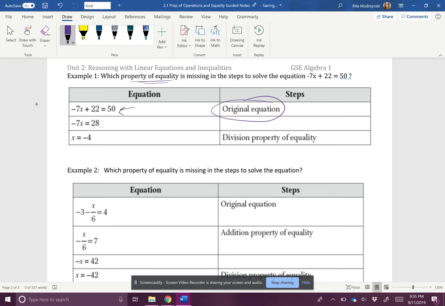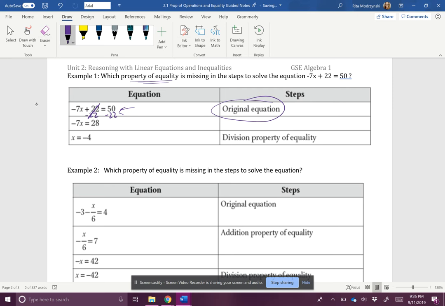Now, if we look from step 1 to step 2, what it looks like happened is we lost this 22, and the 50 became a 28. I know by using inverse operations that we must have subtracted 22 on both sides. And that's right, 22 minus 22 cancels, and 50 minus 22 is 28.